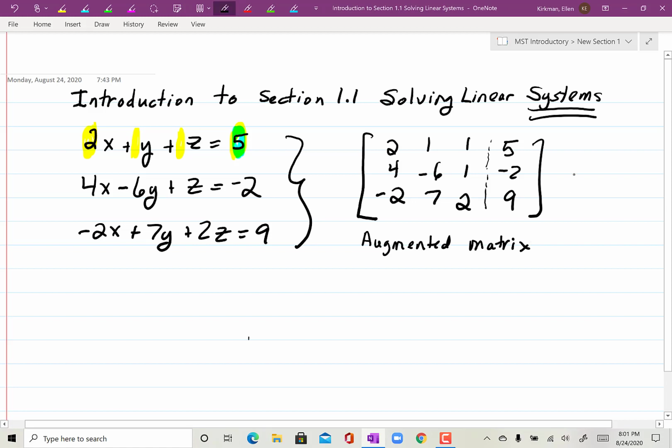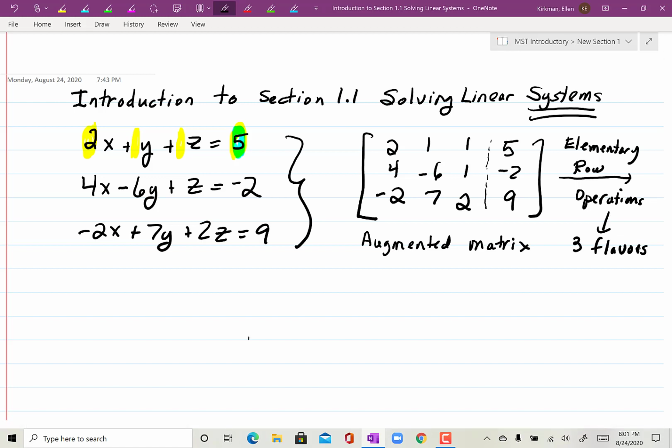And so in particular, we're going to do what are called elementary row operations. There are 3 kinds of them, and we'll talk about them in detail, but they come in 3 flavors. Instead of combining the equations, we would do these operations on the rows.